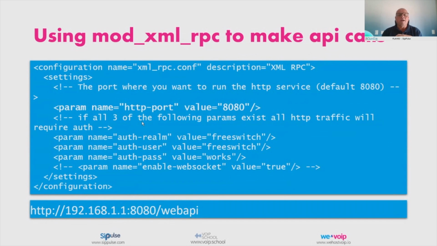You can also add a name and a password for the system, and all the API calls will be created on the IP address of the server, the port, and the web API. There you can originate a call, send a message, get the status of FreeSwitch, and so on.